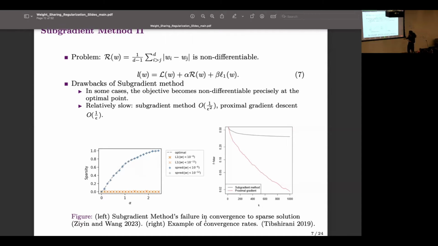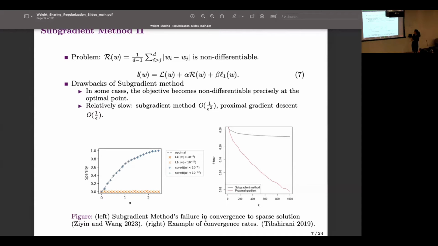In this paper, they showed that this makes the network not able to make the weights small enough to detect the sparsity pattern properly. This is the result. L1 with gradient descent is the orange line, and the optimal sparsity pattern, which was computed separately, is the gray dashed lines. So you see that L1 with subgradient cannot successfully retrieve the sparsity pattern.